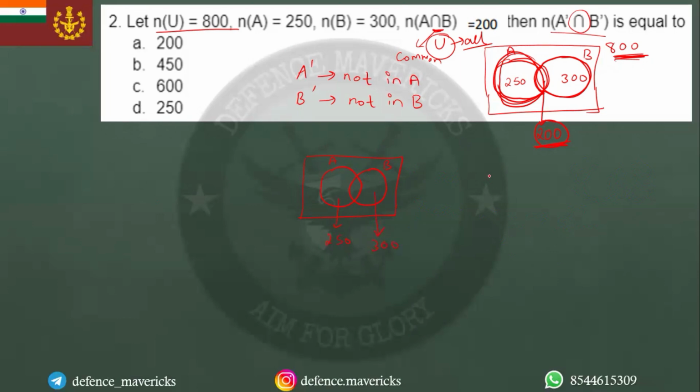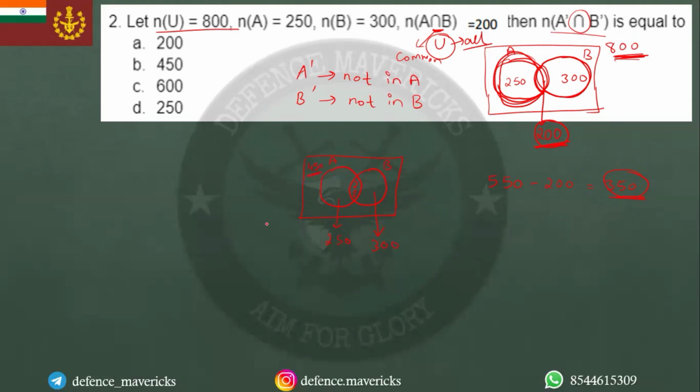That means in total they have how many? 550 elements. But out of these 550, there are 200 which are common. So we need to subtract this 200 now because we have counted them twice. So if you subtract, you will get 350 elements. Right? That means there are only 350 elements in A union B. So where did the remaining 450 go? They are in the universal set. So here I'll just write 450.